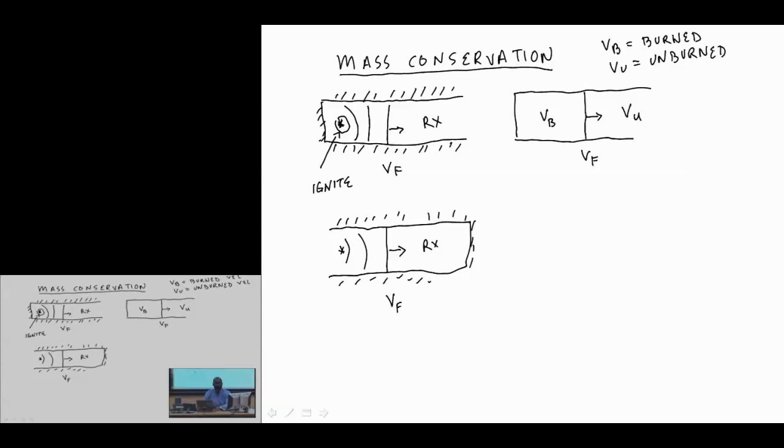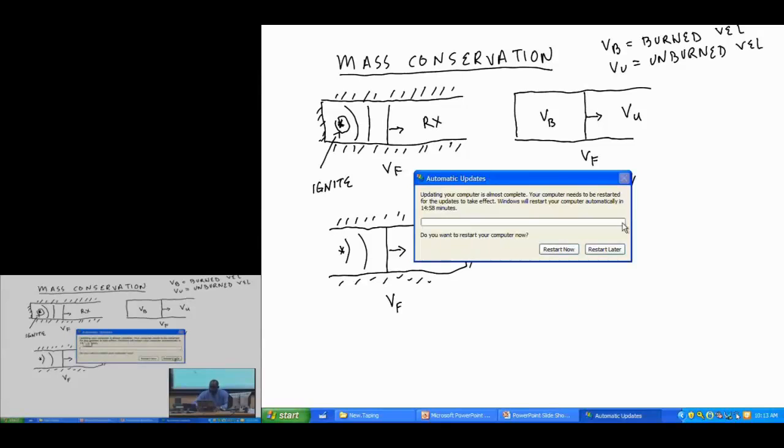Okay, now to be able to look at this from the perspective of mass conservation, we want to go to a frame of reference in which the flame is fixed. So a little bit of a tongue twister there. Fixed frame of reference for the flame.